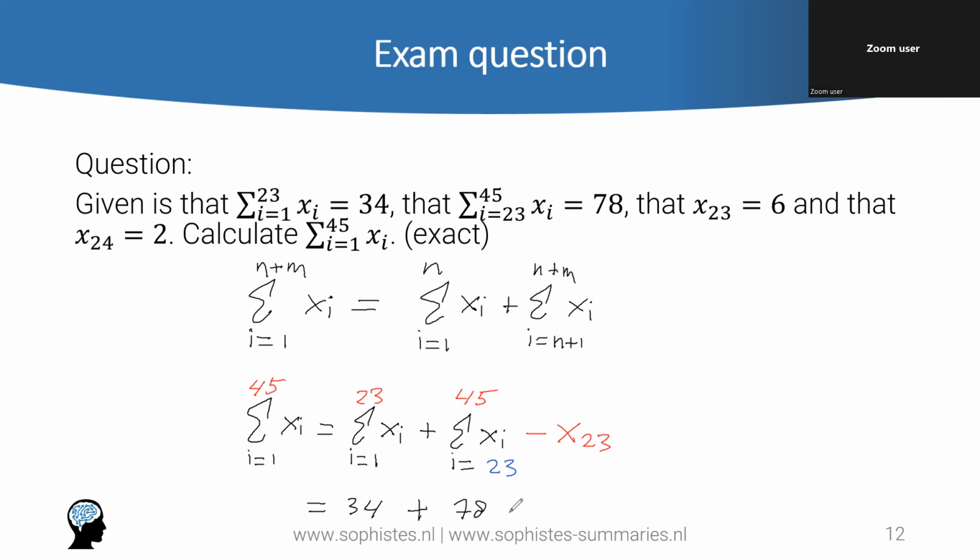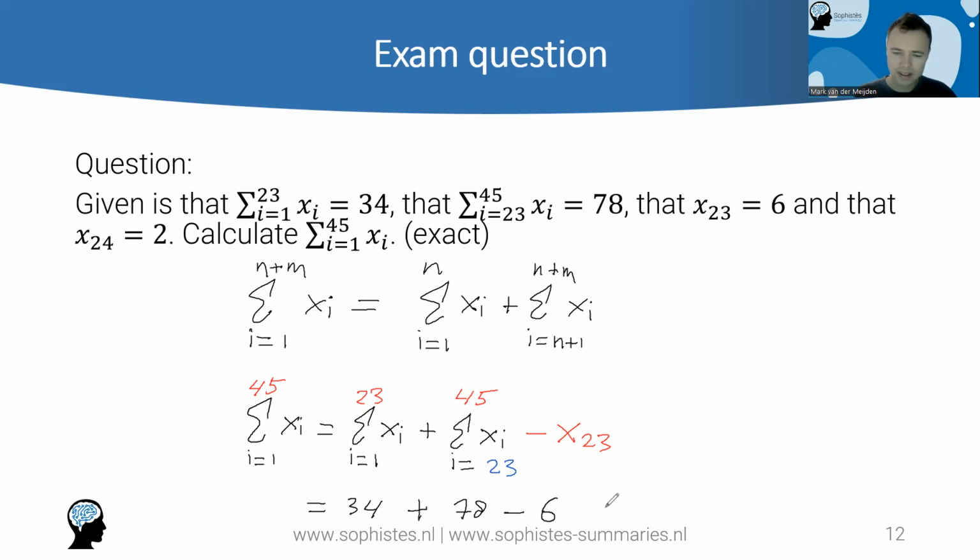Yes. And then this x23 is? 6. Very good. And then you get the final answer. I think only Arnoud had it correctly and really fast. So don't feel bad if you didn't have it. But it is 106.